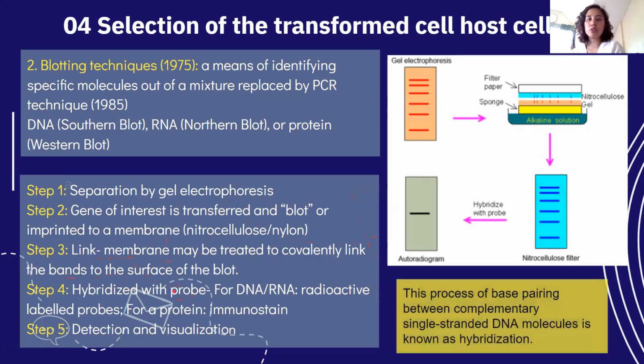Yan. Meron na ako dito ng hybridization. So, hybridization means the process of base pairing between complementary stranded molecules. Kunyari, yung nasa blot, CCC, GGG, TTT. Yan. So, the probe should have GGG, CCC, AAA. Yan.